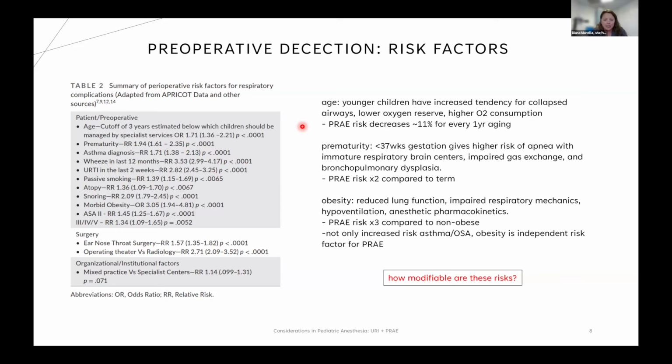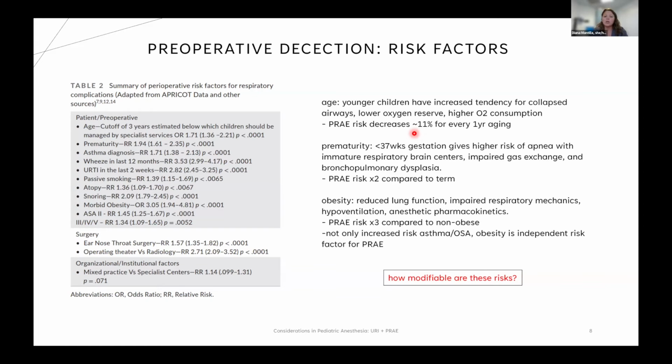And while you're thinking, yes, this makes intuitive sense, the other thing to consider is that the cutoff for this age is 3 years. Operations clearly happen on children after they're 3, but the incidence for PRAE decreases by 11% every year that they're aging.